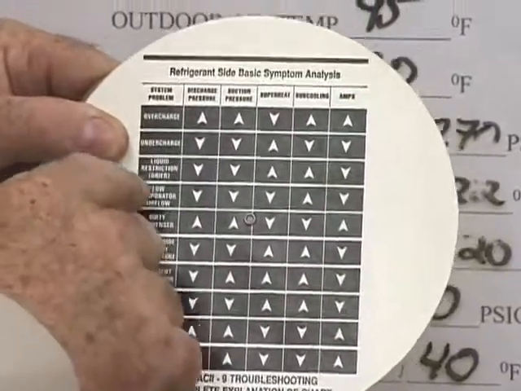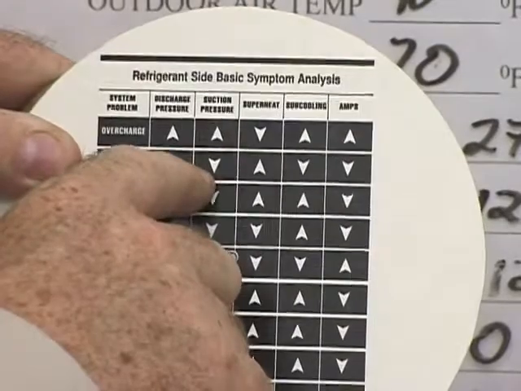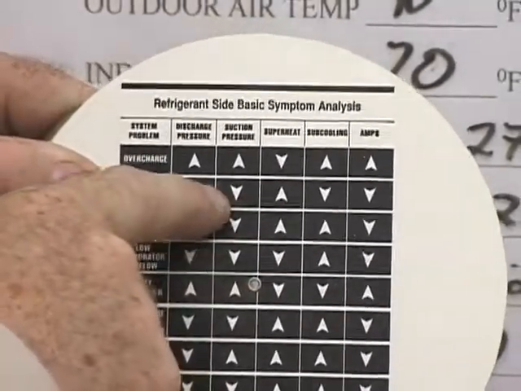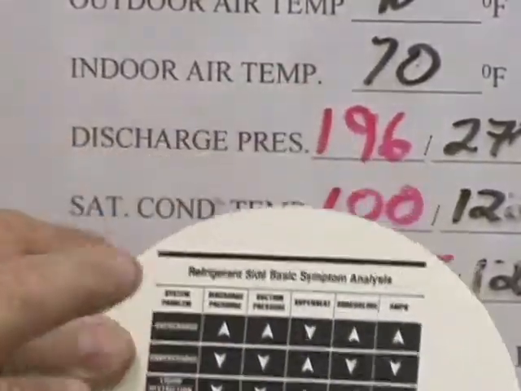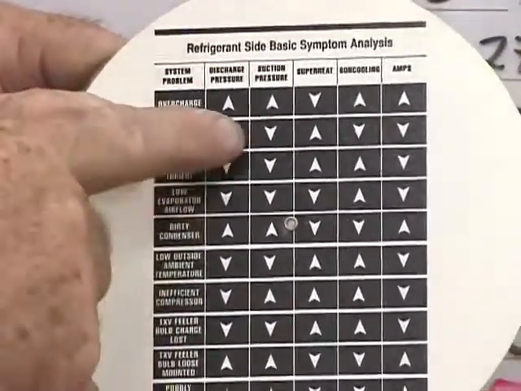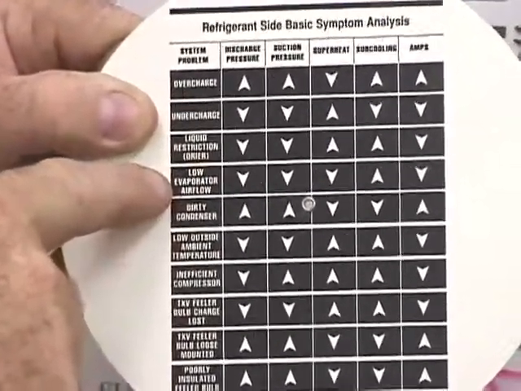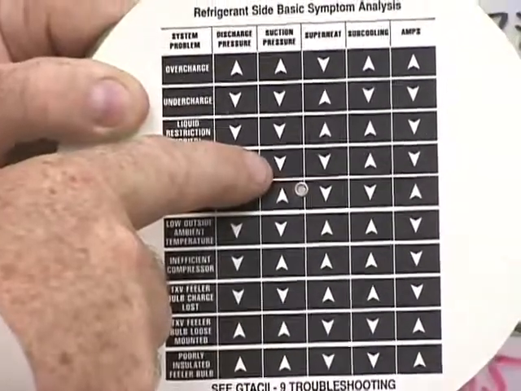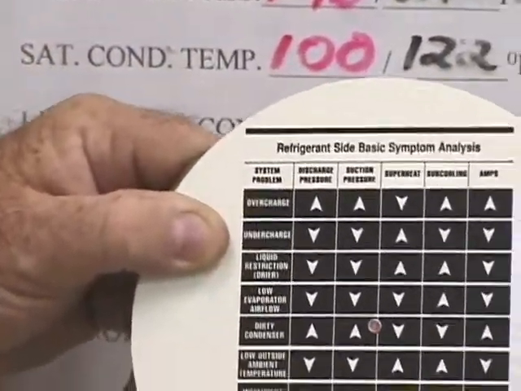So now you have to look around and you say, well, undercharge, the suction pressure is low. The liquid restrictor, if it has a dryer in the system, that could possibly be a problem. And as you can see, you just go wherever it has a low evaporator airflow, all right, because the suction pressure is below what should be typical.